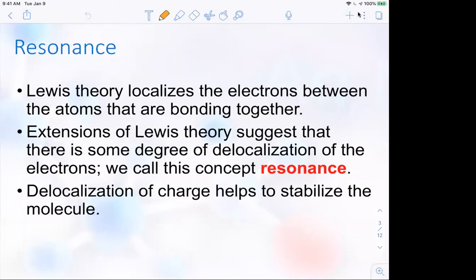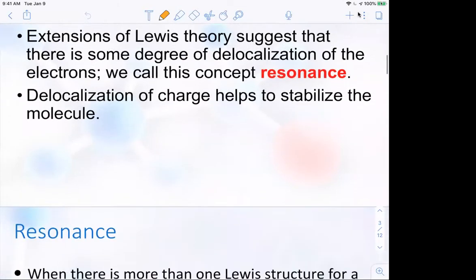Now we know through extensions of Lewis theory that there is usually some degree of delocalization of the electrons, and we call this concept resonance. Resonance is really important to organic chemistry. When we look at whether something is stable or not, resonance stabilization is going to be something that we talk about, because delocalization of charge, when there are charges, will help to stabilize the overall molecule.